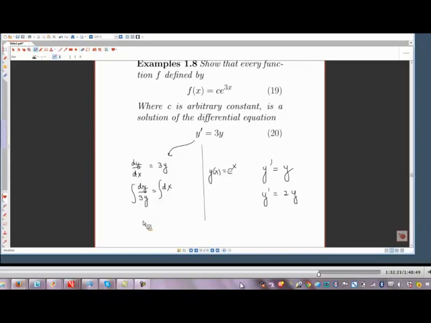But if you don't want to solve this differential equation, what you can do is start with c e to the power 3x, prime. This equals 3c e to the power 3x, because c is a constant, which equals 3y.